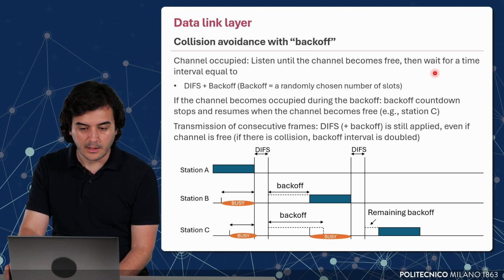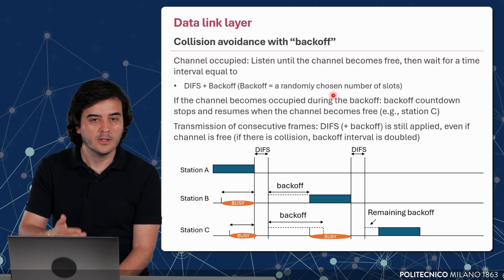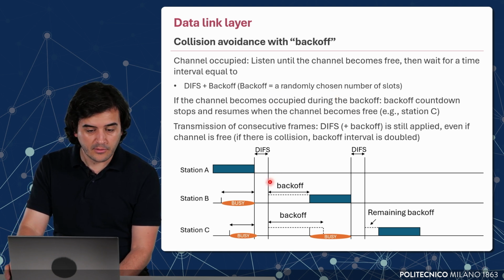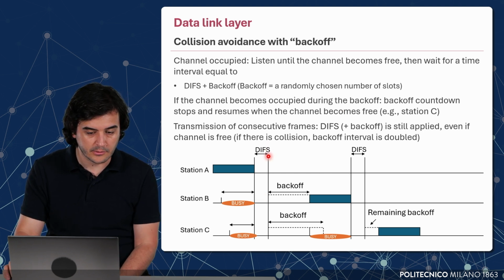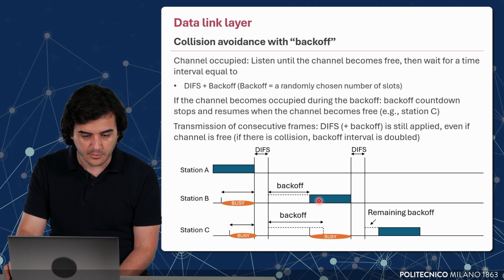This amount of time is equal to the DIFS, which we defined in the previous slide, plus the back-off time. The back-off time refers to a randomly chosen number of slots before you initiate the transmission. And if the channel is free for this amount of time equal to the DIFS plus the backoff, then station B can initiate the transmission.